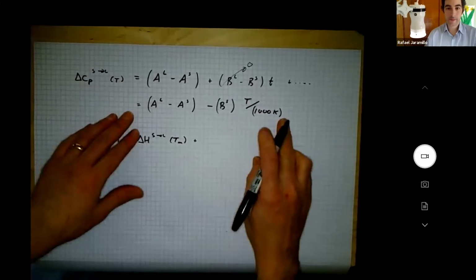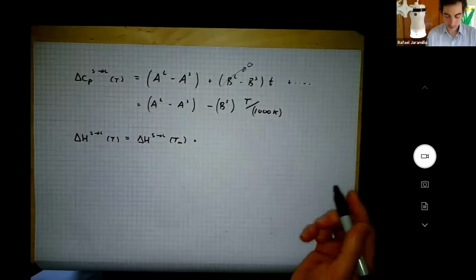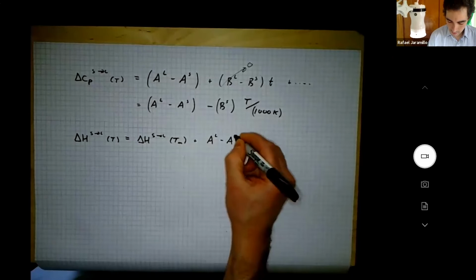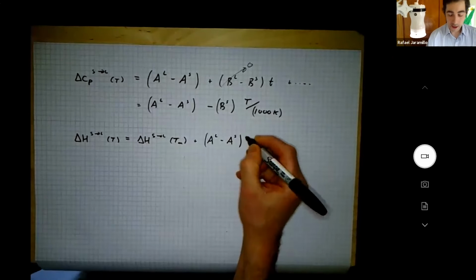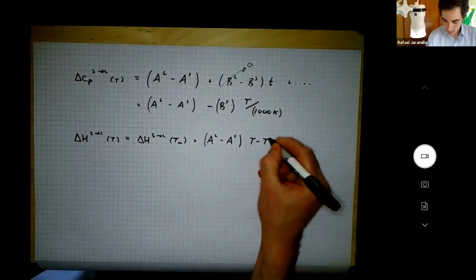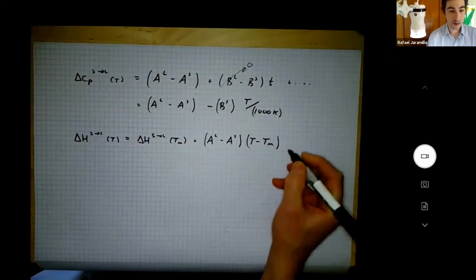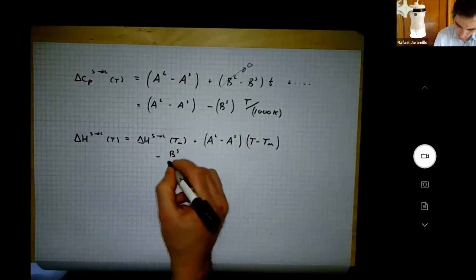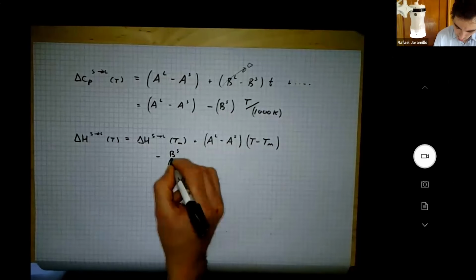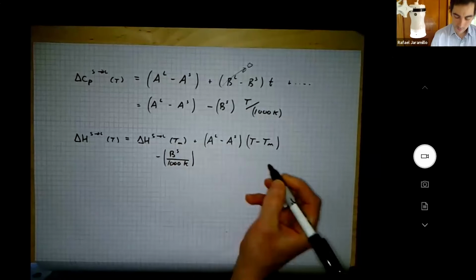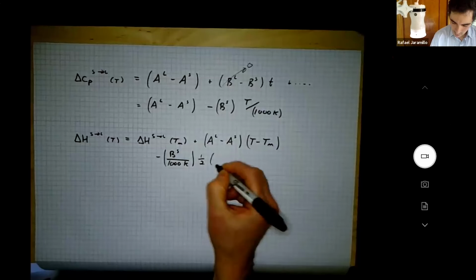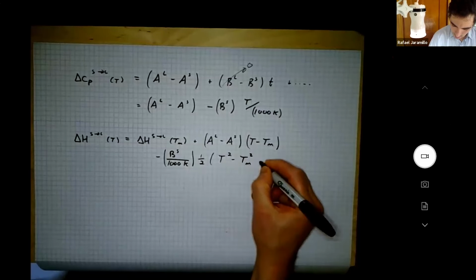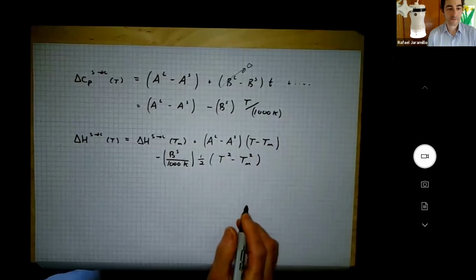And polynomials are easy to integrate. That's one of the reasons why they're used in this case. The heat capacities are expressed as polynomials because they're easy to integrate. That's it.